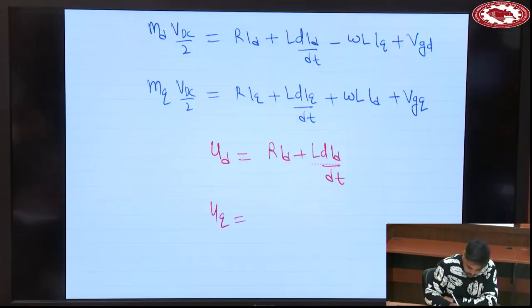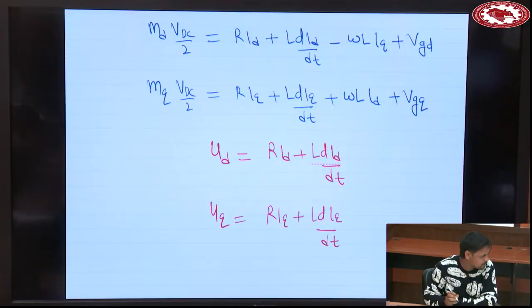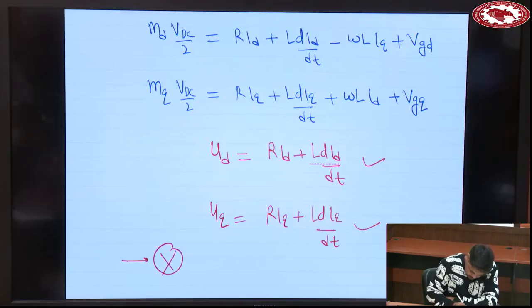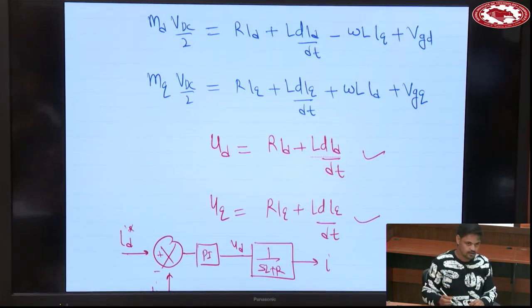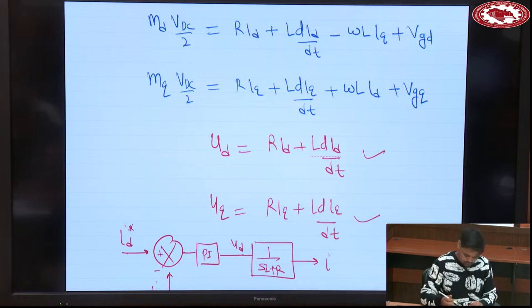Similarly, UQ will be RIQ plus L DIQ by dt. If you want to make a closed loop system of this transfer function, it will be ID ref minus ID going to a PI, which gives you UD, and then 1 upon SL plus R gives you I. The same transfer function for Q.